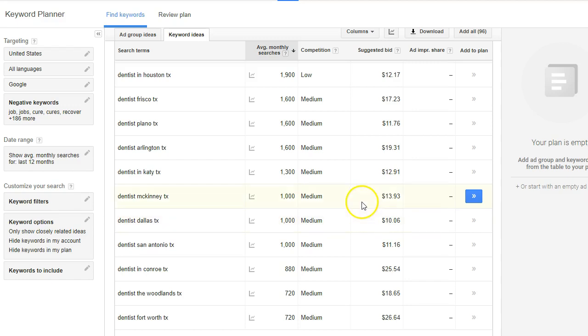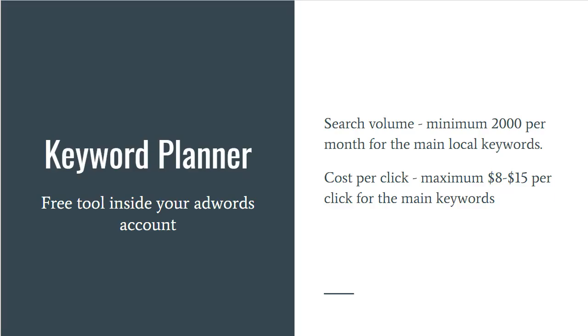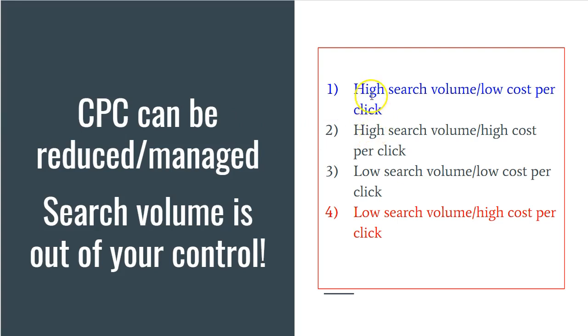So the 2 factors to keep in mind are search volume and cost per click. Let's look at the 4 scenarios that are possible. Before we look at them, I want to stress an important point. The cost per click can be managed by optimizing, by changing the campaign settings, and by using some tricks, methods and strategies.